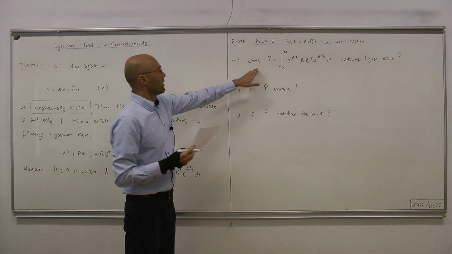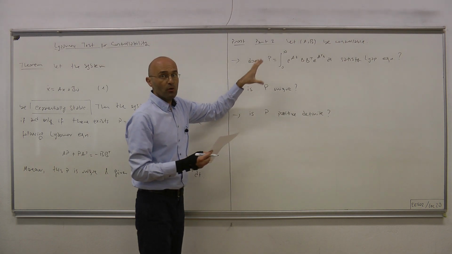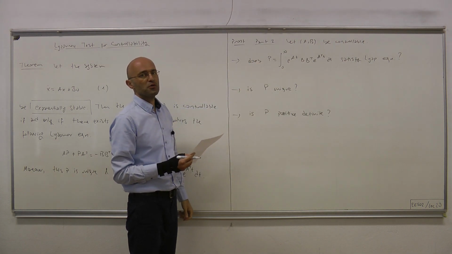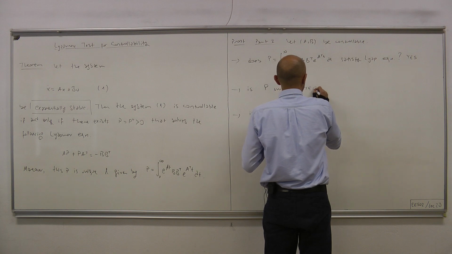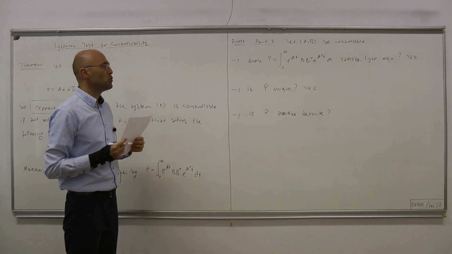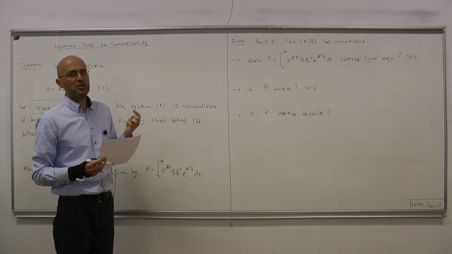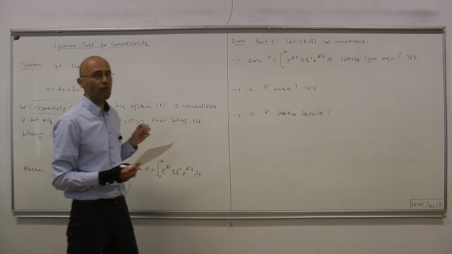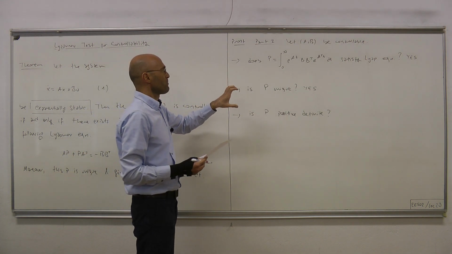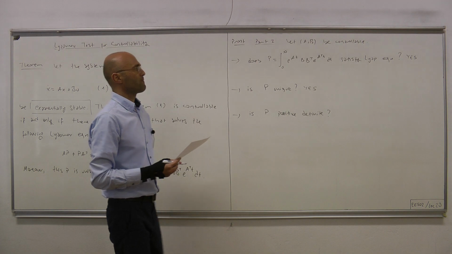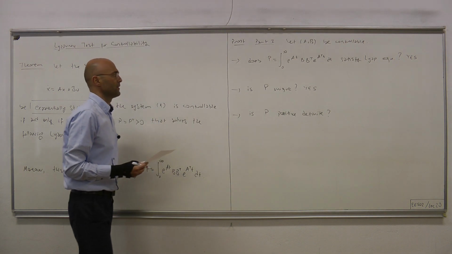Now, how to prove these two parts, or how to show that the answers to those questions are yes. We can use the methods that we employ when showing the similar parts of the proof of the Lyapunov theorem for exponential stability. Since showing these parts is very similar, we're going to skip showing these two pieces.